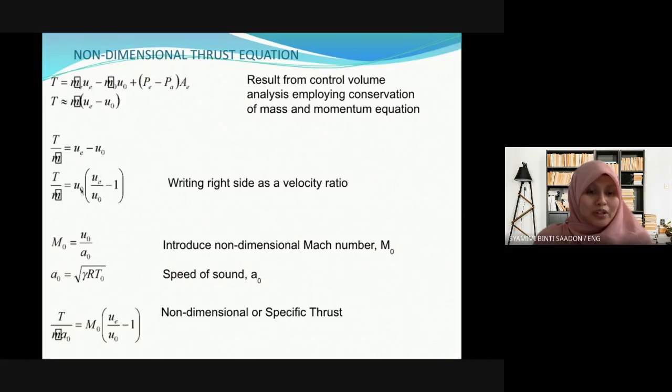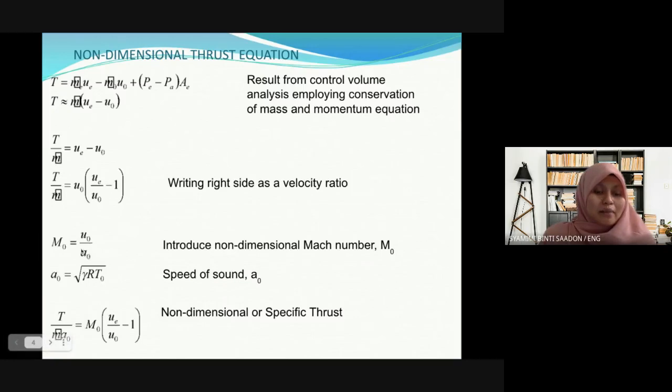U not here. We factorize it and get this equation because we want to substitute the Mach number. We know that the Mach number is a non-dimensional value, which has no unit.